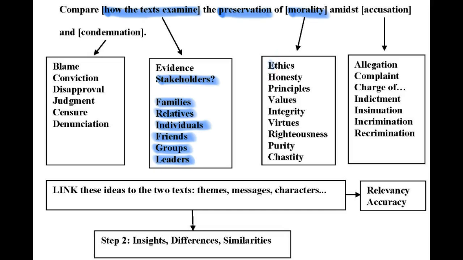Morality covers things like ethics or honesty or principles and values. Integrity, virtues, righteousness, purity, chastity. So these are all good synonyms for morality, and we can start to think about what ideas from the two texts we have learned or covered which have these ideas of ethics or values or virtues within the text. How are they relevant, and how can we use them in this particular question?